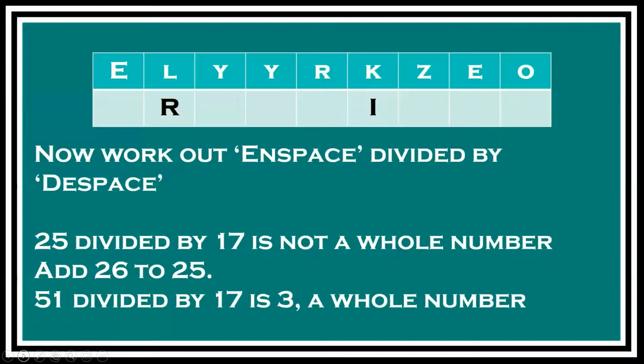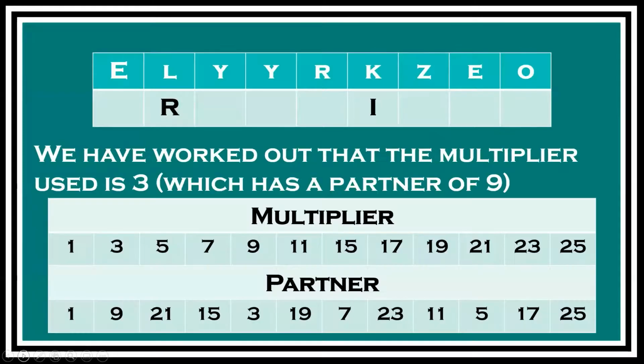And when we divide that by D space, which is in this case 17, we get 3, which is a whole number. And furthermore, that value of 3 is our multiplier. So we've worked out so far that the multiplier used is 3, and the partner of 3, going back to the multiplier partner table, underneath a multiplier of 3, we see a partner of 9. So 3 has a partner of 9.